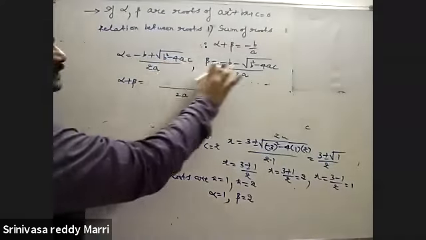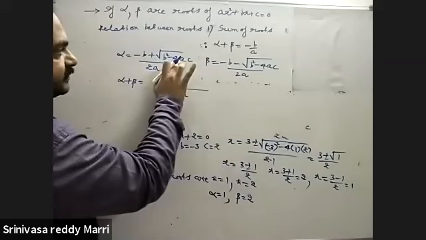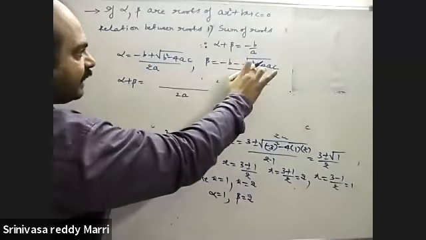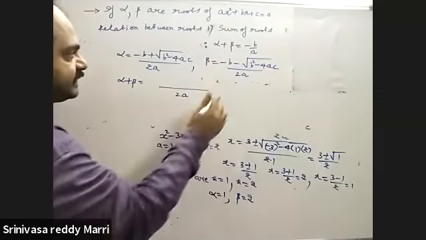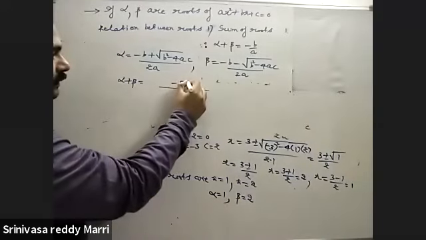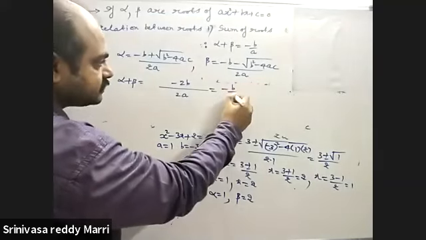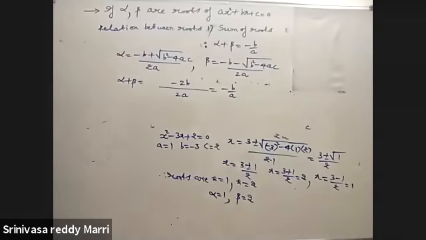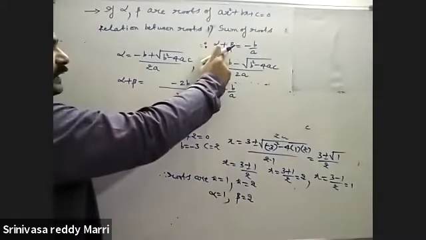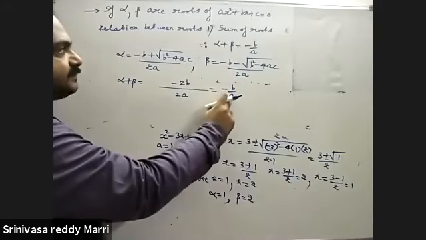If we add these two, plus root of b square minus 4ac and minus root of b square minus 4ac will get cancelled. So minus 2b divided by 2a. So the sum of the roots, alpha plus beta, is nothing but minus b by a.